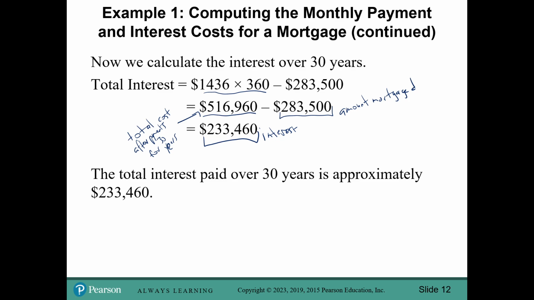You put your down payment down, paid your points and whatnot, so you wound up mortgaging an amount of $283,500 for 30 years. And you wound up paying an additional $233,460 in interest over that 30-year period. Just let those numbers float with you a little bit. Home ownership can be expensive, that is for sure, especially if you finance it.